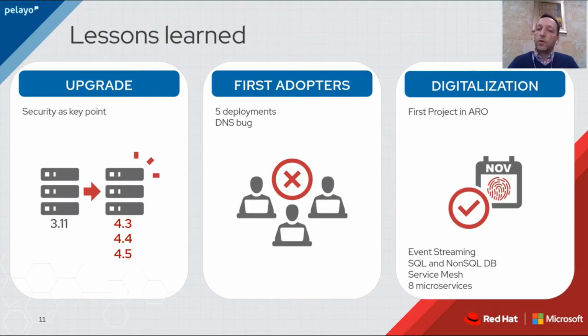We use SQL and non-SQL databases, and use event streaming and service mesh as key points. We made a lot of microservices. Now we think we could have made fewer micros, but we were excited to use our new toy. We have some other microservices in production.